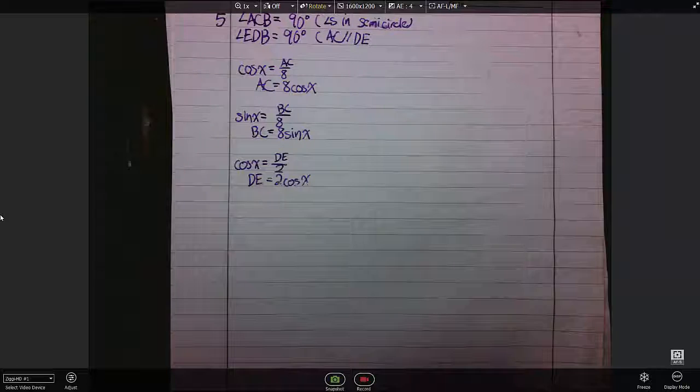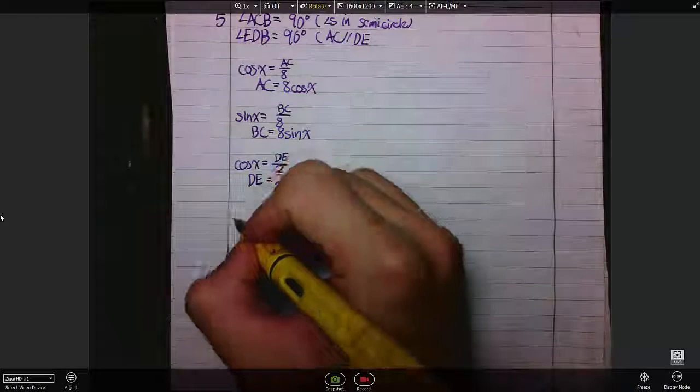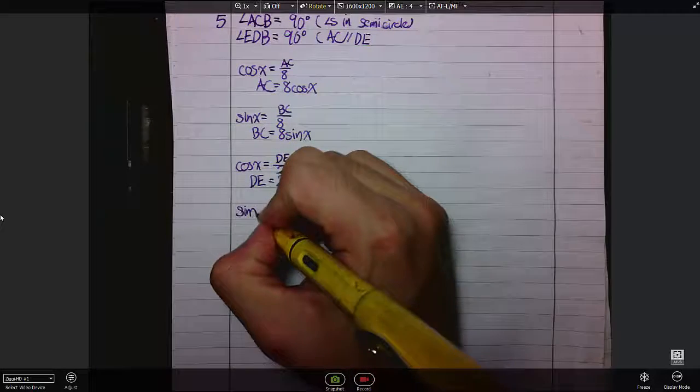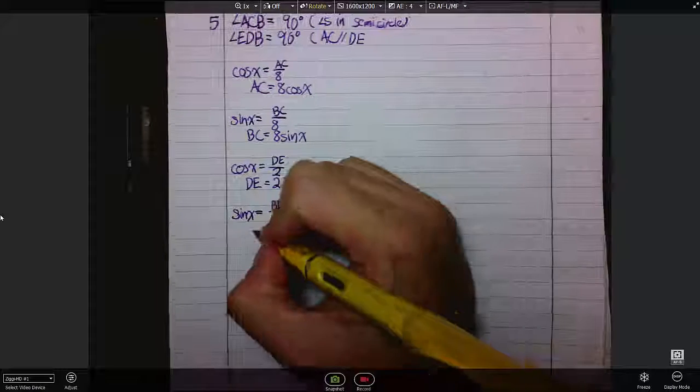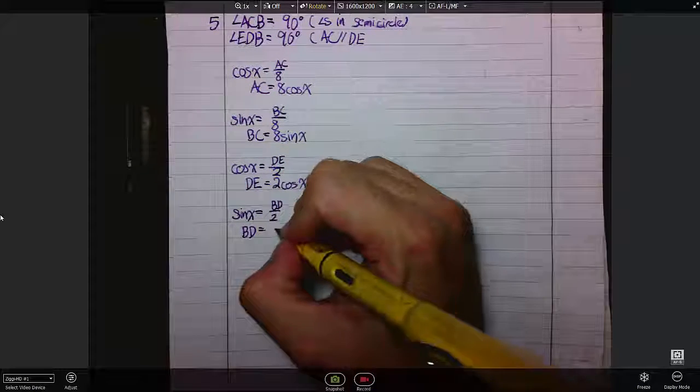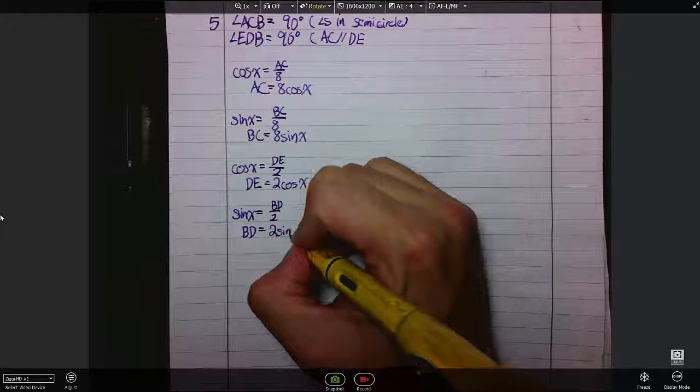And finally, we want to find CD. We also must find BD. In the small triangle, sine x equals BD over 2, so BD is equal to 2 sine x.